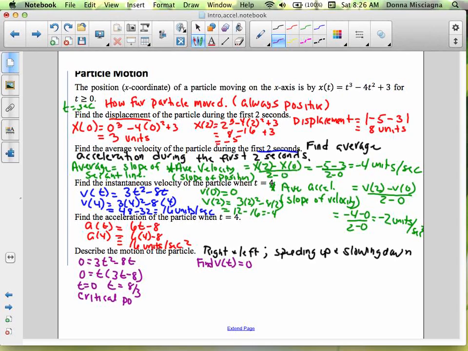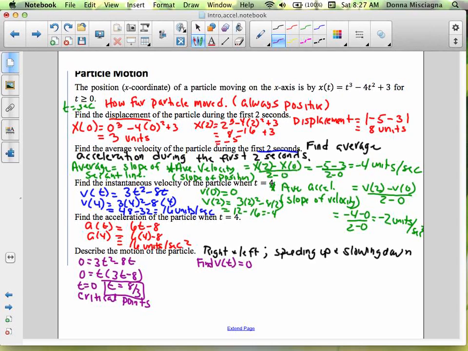They're the only places where the particle can change direction. And since t equals 0 is the beginning, the only one that's going to matter is t equals 8/3. The endpoint's not going to matter in this situation because there are no values of t less than 0. All right, so we found that.